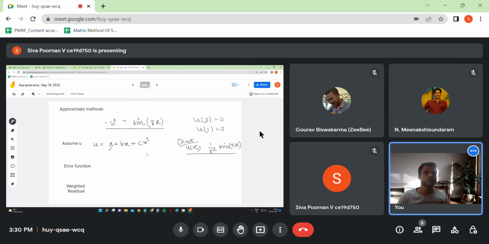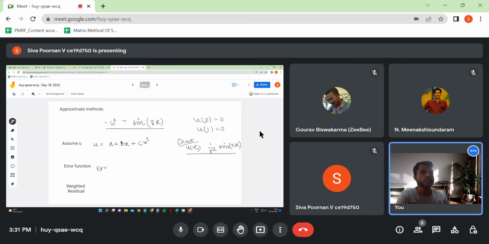So what is the error function? The error function is the difference between the assumed solution and the actual solution. I'll denote the error as E, which is not to be confused with Young's modulus, so maybe we can change the notation. ER would be the error.